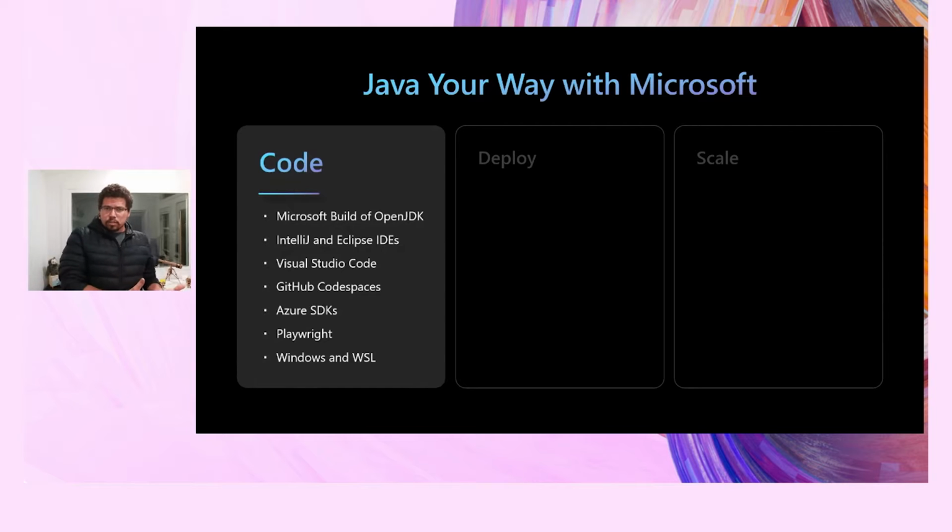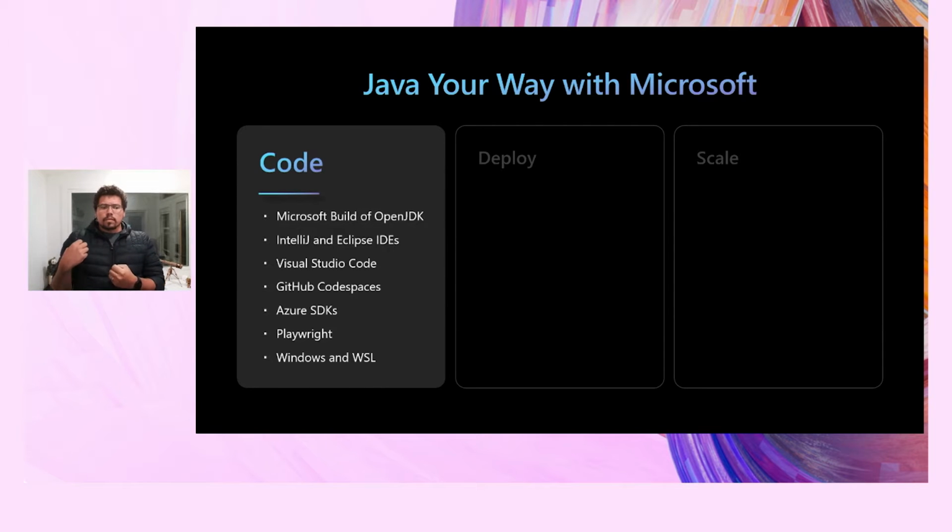And now with Microsoft Build of OpenJDK integrated with some other tools that are part of the Microsoft tool set for software development, like Playwright or Windows Subsystem for Linux, so Java developers can be closer to a Linux-like environment that they are most familiar with in production.